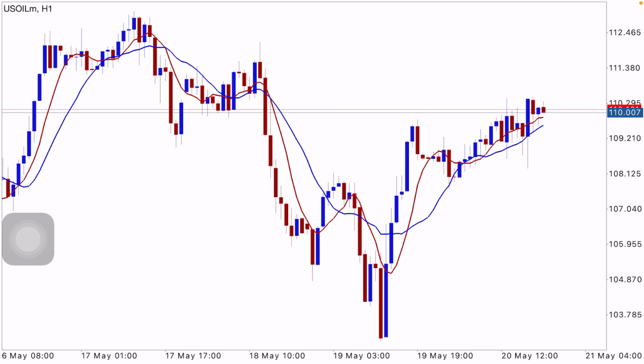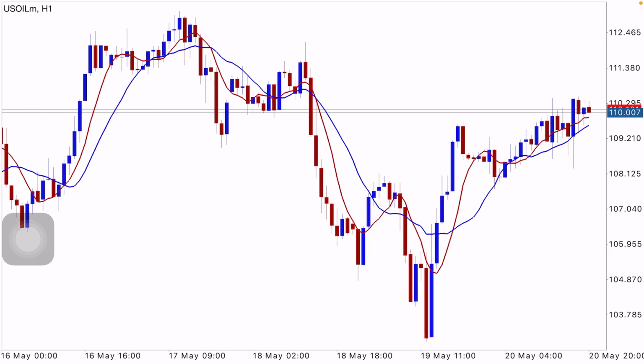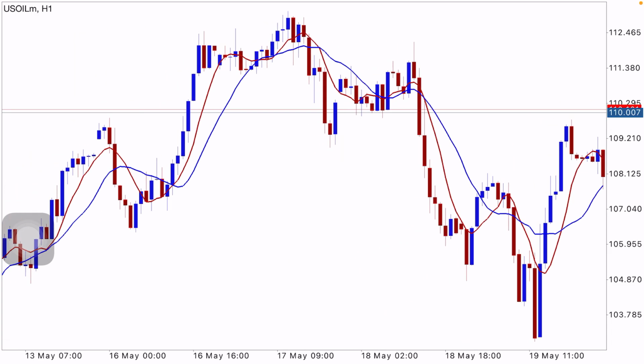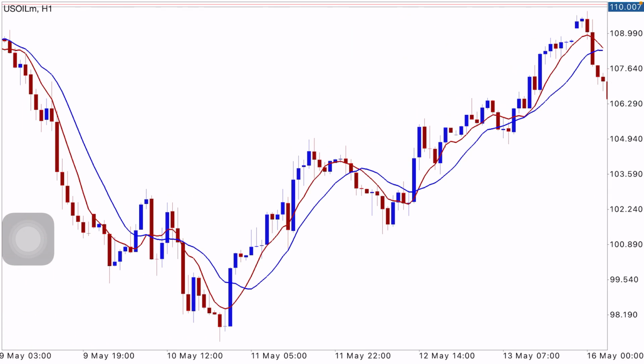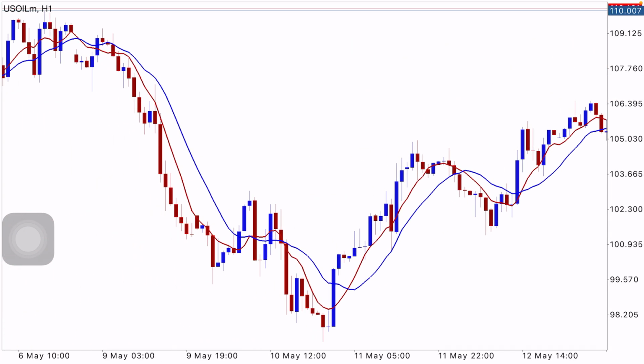So how then do we use it? To use the 7 moving average and the 14 moving average, we call something the golden cross. Golden cross is the technique, or the strategy, that we use to trade these moving averages that I've added on my chart.